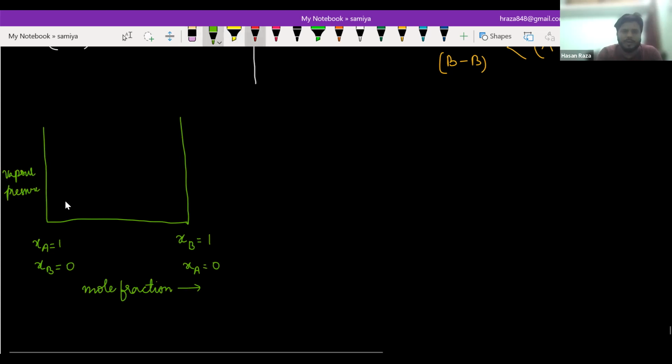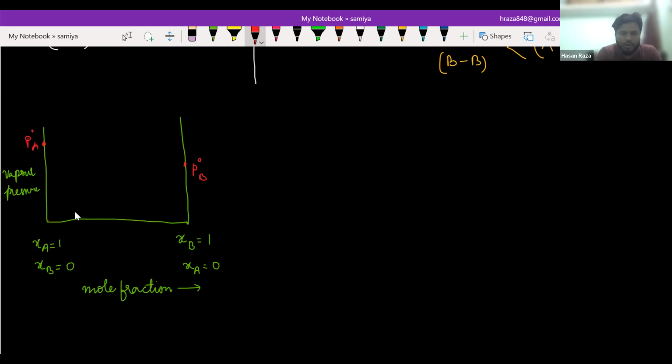Since only A is present here, it will have P naught A here and P naught B here. I considered P naught A higher since A has more vapor pressure, which means A is more volatile.